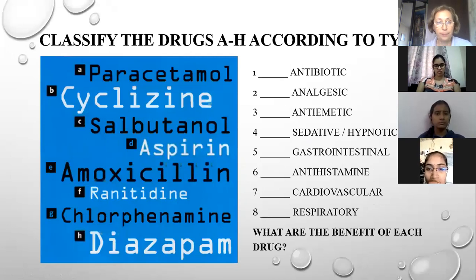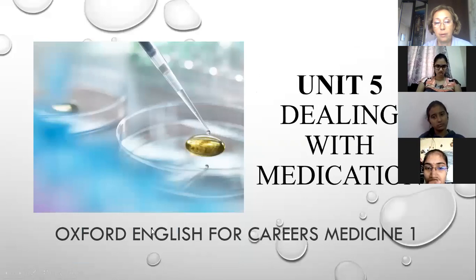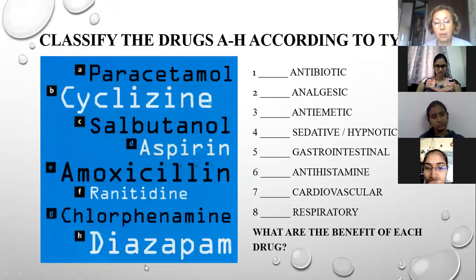Well, here on this slide, you can see the names of different drugs, and to the right, the type of drugs. And our task is to classify the drugs according to their type. So the names of the drugs are here.